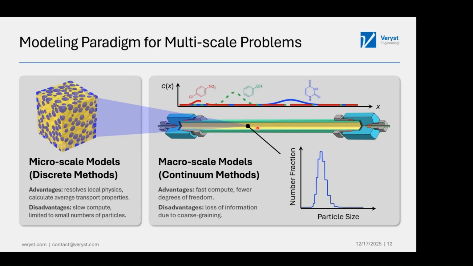These can involve any of the different applications I described. The advantage of macroscale models is that you have reduced dimensionality relative to microscale models. The disadvantage is, of course, you lose information. And so the more accurate your microscale model is in calibrating transport properties for use in the macroscale, the better and more accurate your macroscale model will be.